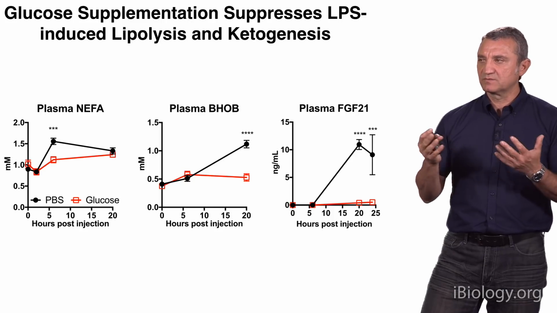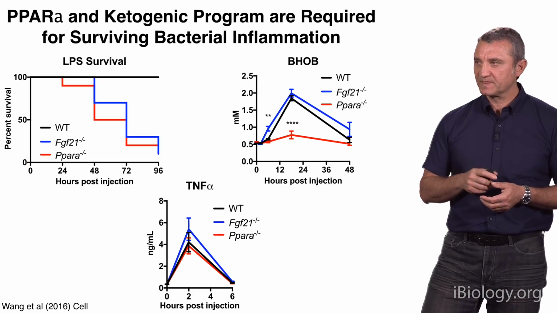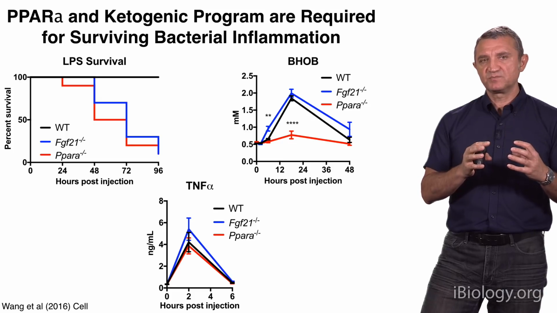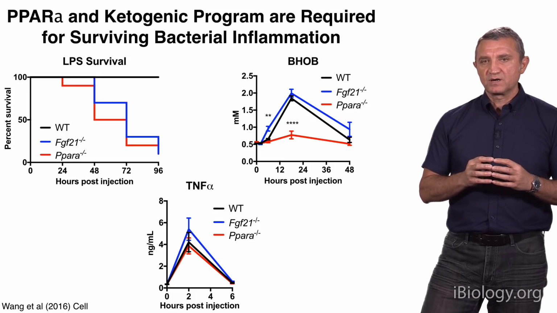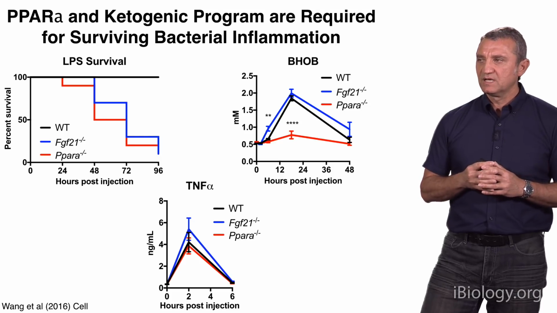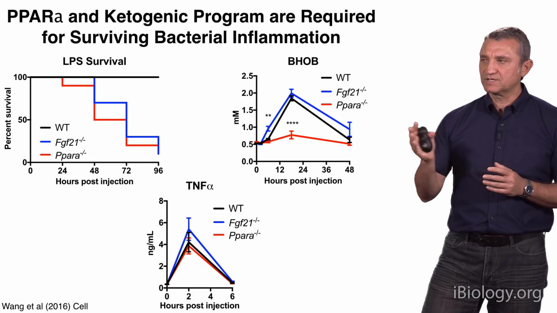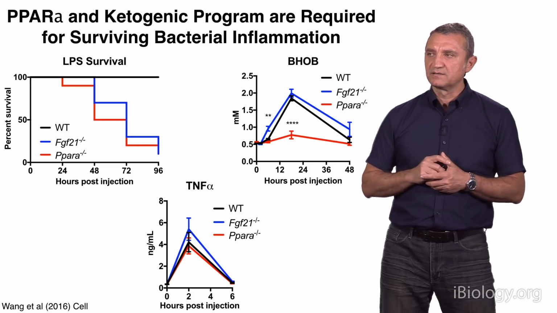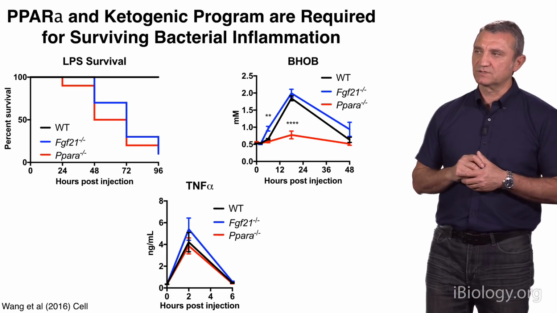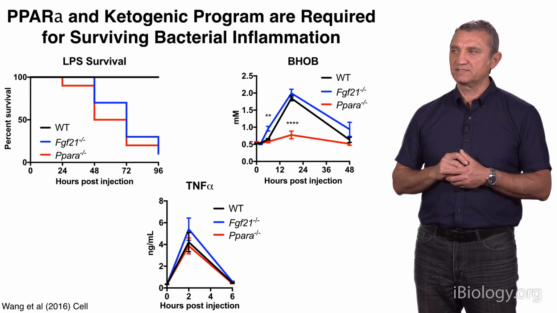And then we asked whether this is what contributes to differential survival from feeding. To address that, we used mice that are deficient in PPAR alpha, where neither ketogenesis nor FGF21 expression can be induced. We also used FGF21 knockout mice. As you can see in the left panel, both of these mice now succumb to sublethal doses of LPS that are survived 100% by control mice.